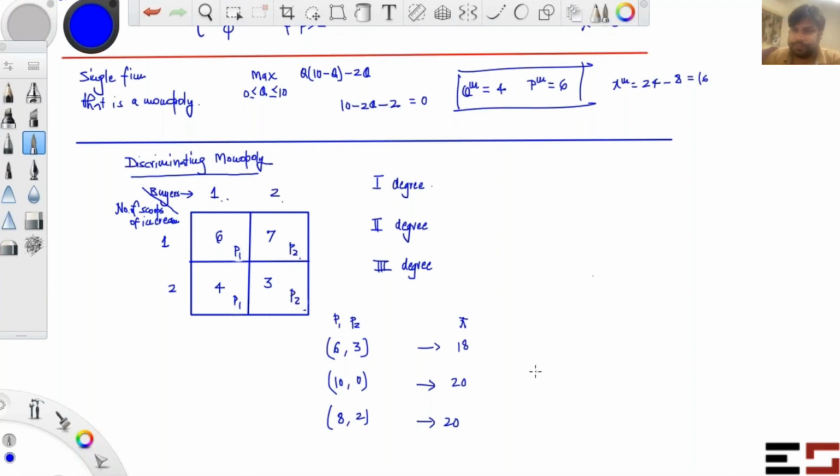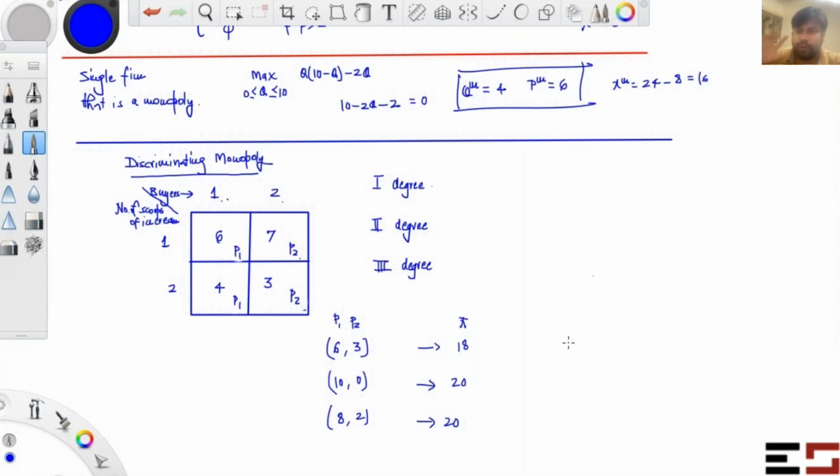Tell me, what will be P1 and what will be P2? So 4 from the first and 7 from the second. Very good. Okay, so P1 will be 4 and P2 will be 7.